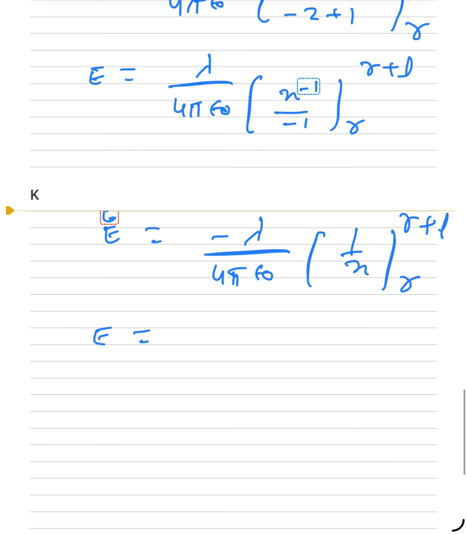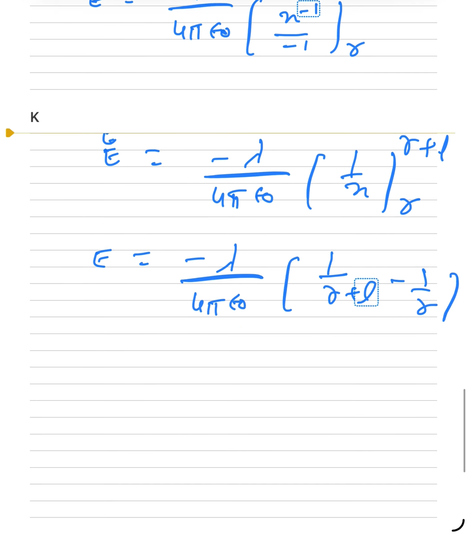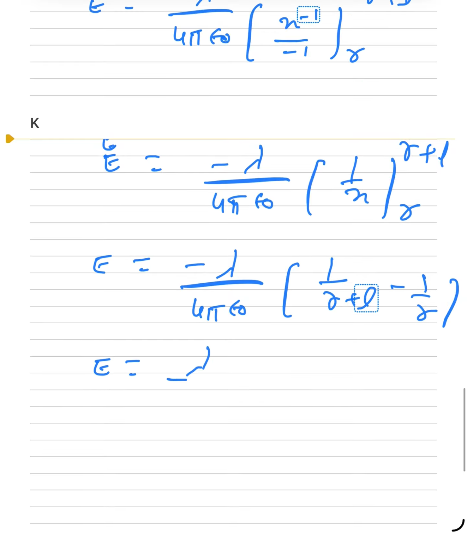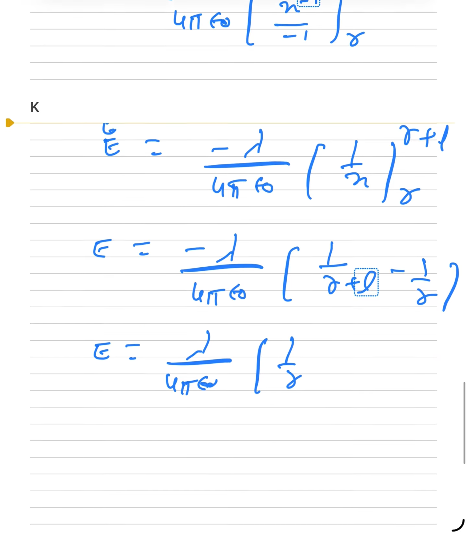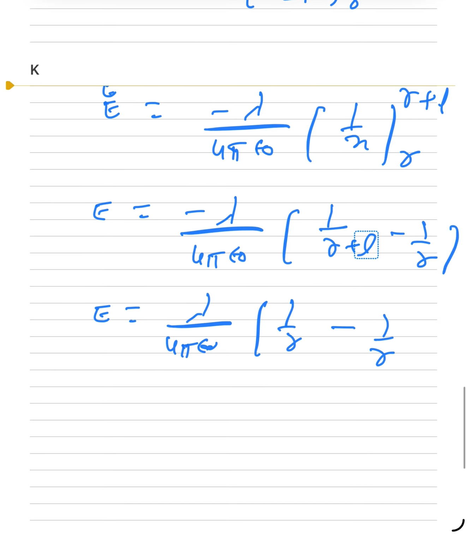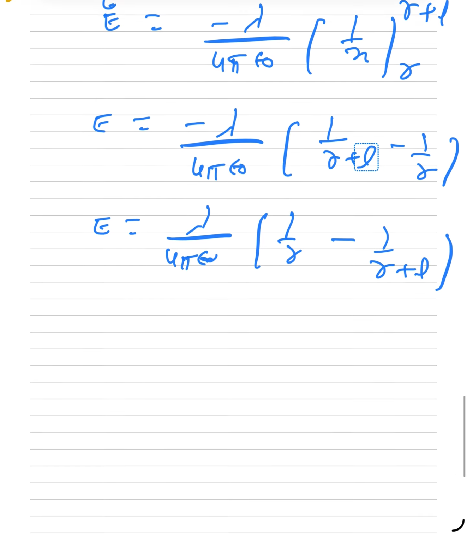Now applying the upper limit and lower limit, lambda divided by 4 pi epsilon naught times 1 by r plus l minus 1 by r, so E equals lambda divided by 4 pi epsilon naught times 1 by r minus 1 by r plus l.